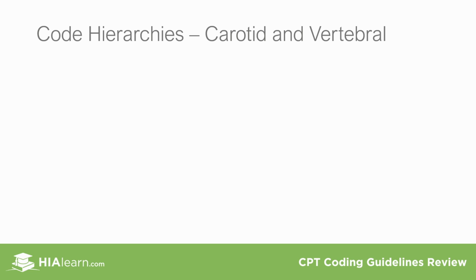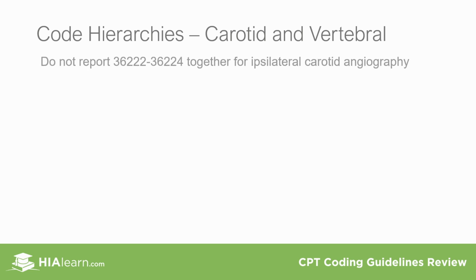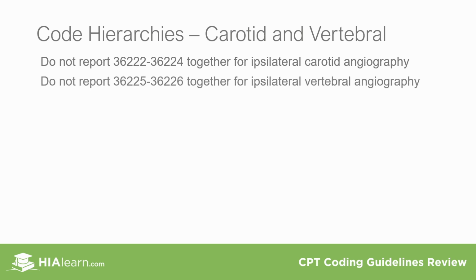When coding for angiography of the cervicocerebral arteries, do not report codes 36222, 36223, or 36224 together for ipsilateral carotid angiography, or codes 36225 and 36226 together for ipsilateral vertebral angiography.